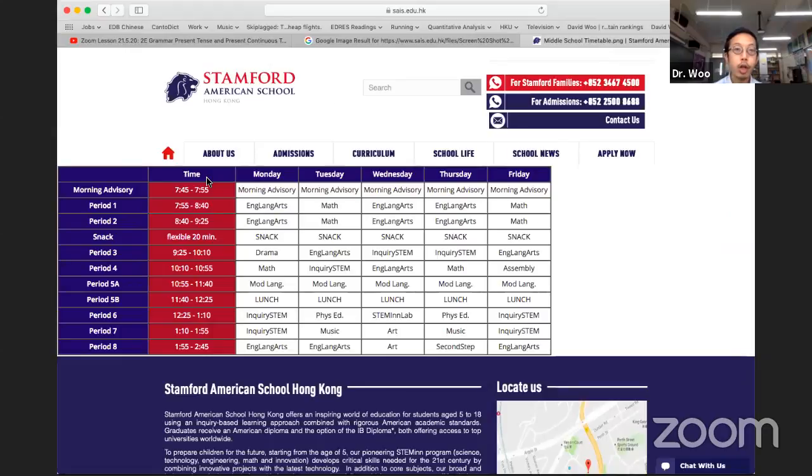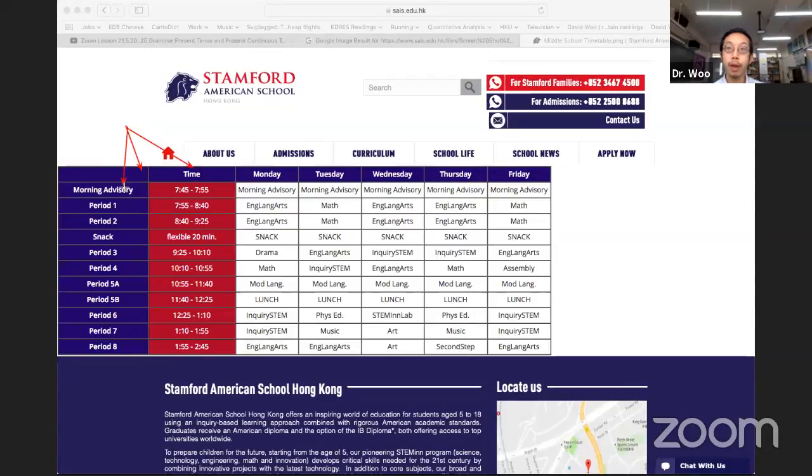So Leba has shared a timetable. A timetable. See a table? Not a physical table, but a table in terms of you see columns and you see rows. That's a table. So we see a timetable at Stanford American School, Hong Kong. Cool. Dr. Wu used to work at the school across the street from Stanford American School.